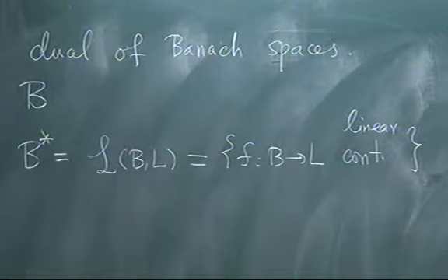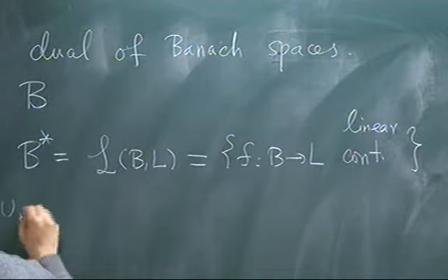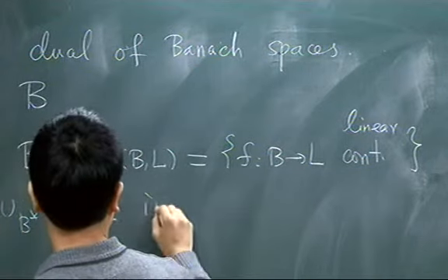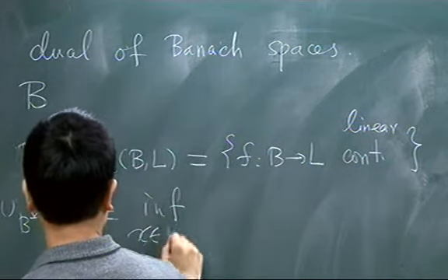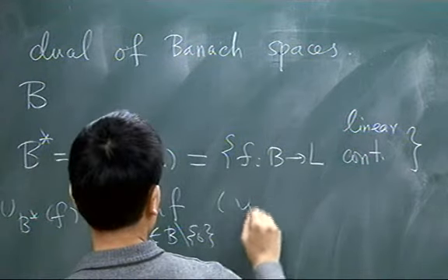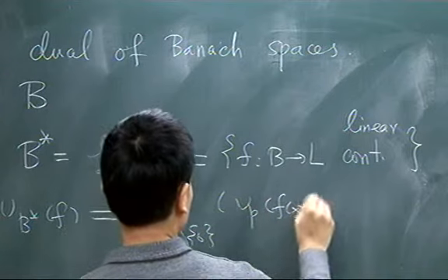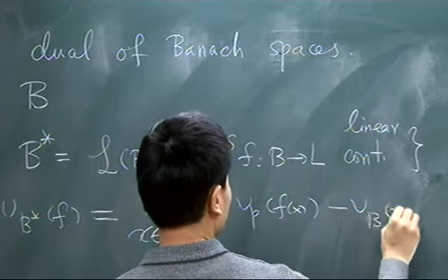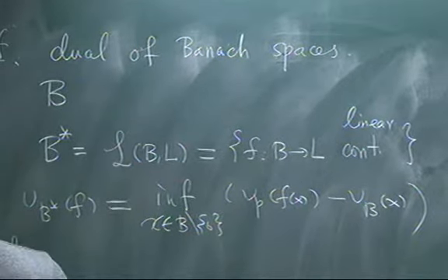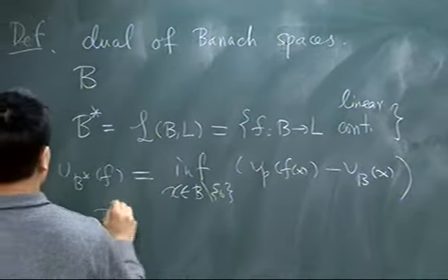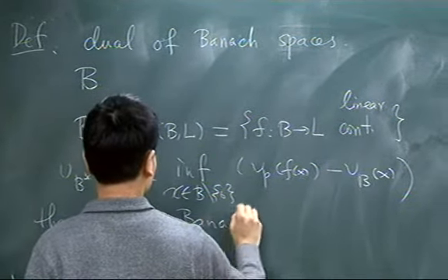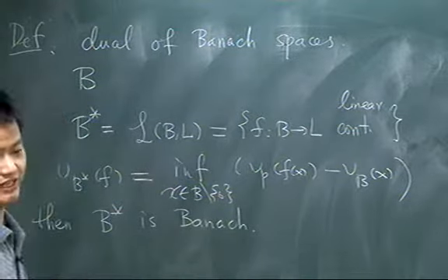This is the dual, and we define the valuation of f as the infimum over nonzero x in B of v_p(f(x)) minus v_B(x). Then B star is Banach. So this is another Banach space.